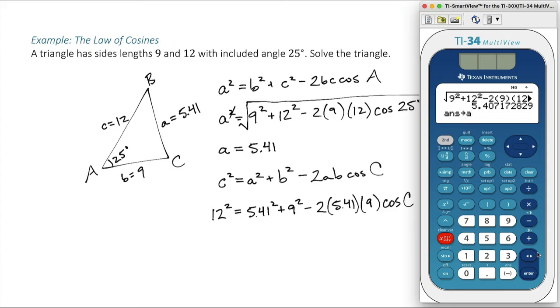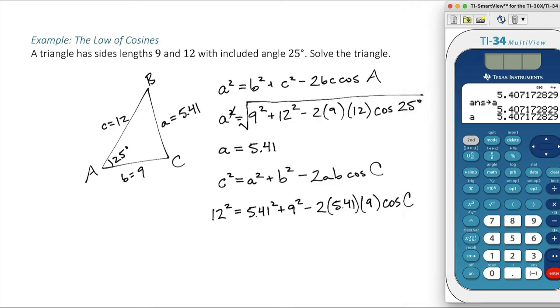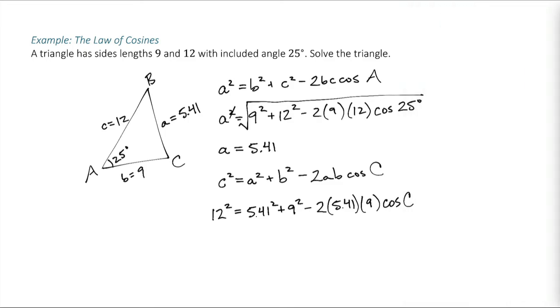And then hit enter. Now every time I type A and hit enter, you can see that that's what a is. So the calculator knows what a is, and it's not rounded. So now as I use that in my calculations, that won't throw off my next answers.